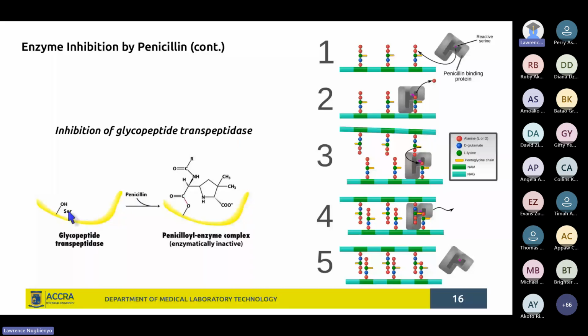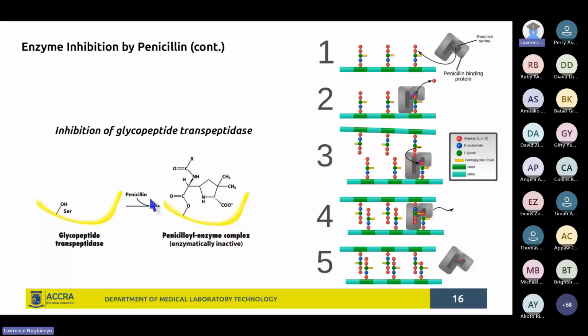So if you look at the structure of serine, the side chain of serine is CH2OH. And you see penicillin now binds onto that serine residue to form that penicillyl enzyme complex and renders the enzyme inactive. You can look at it in a much simpler way, this way.